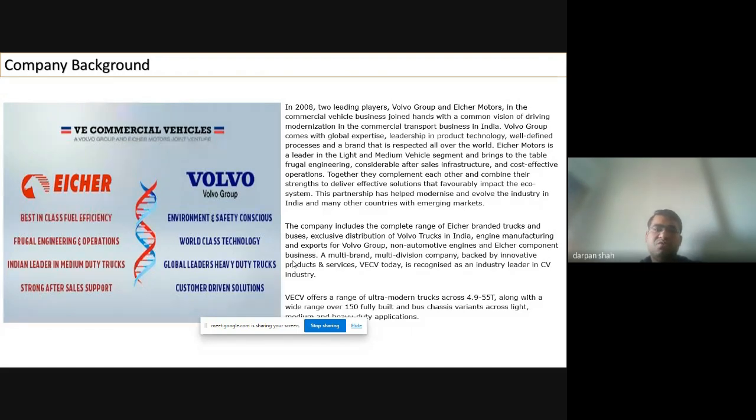So these two great companies came together, and V Commercial Vehicles was established with a vision to have a new range of trucks completely driven across the light and medium duty segment all over India, and of course out of India too. So this is where the synergy came into the picture.